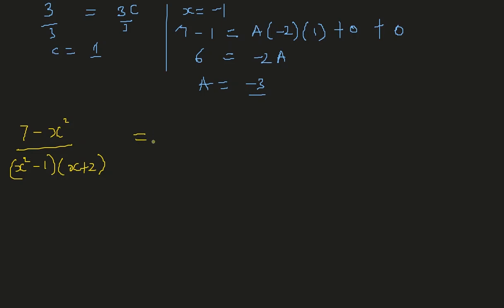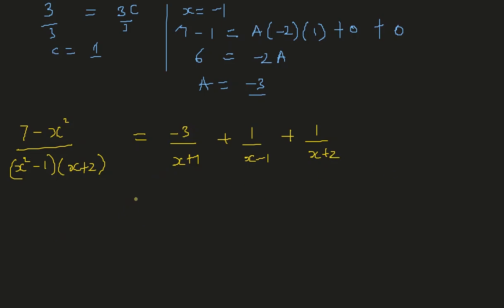Our a was -3 over, the denominator was x plus 1, plus our b was 1 over, the denominator was x minus 1, then plus our c was 1 over the denominator, which was x plus 2.